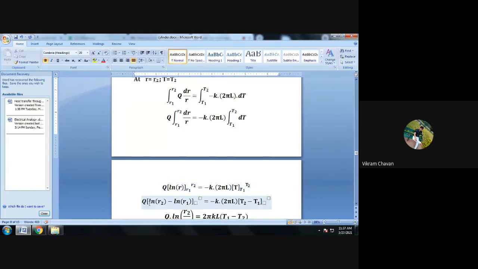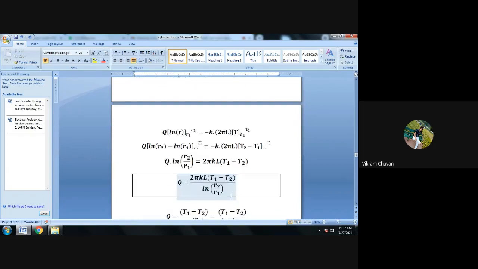So q into bracket ln of r2, since r becomes r2, minus lower limit ln of r1, equal to minus k multiplied by 2 pi l into bracket, upper limit t2 minus lower limit t1. So we get q into bracket ln of r2 minus ln of r1 equal to minus k multiplied by 2 pi l into bracket t2 minus t1.